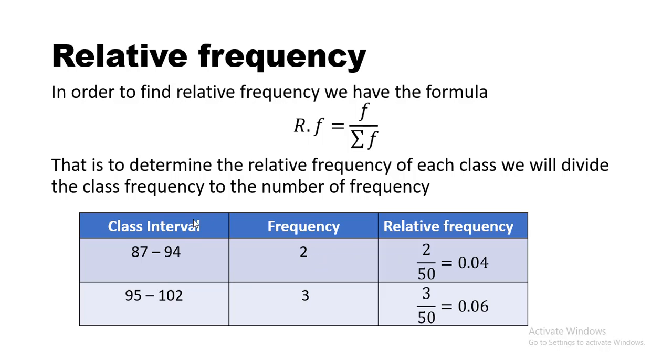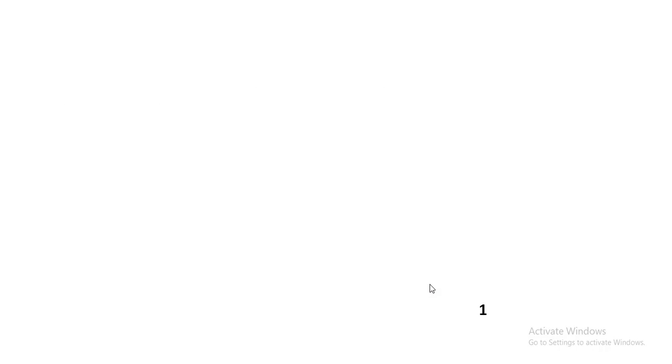In this example, summation f equals 50. So I'll divide 2 by 50, which equals 0.04. For this, 3 divided by summation f, the total frequency, and this process is repeated for all the classes.